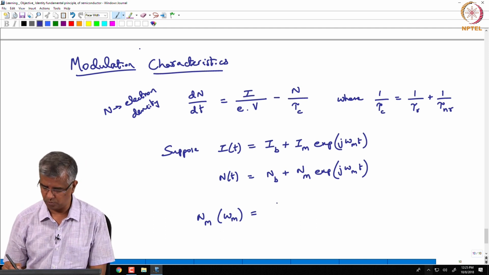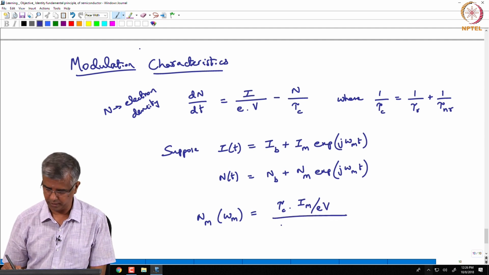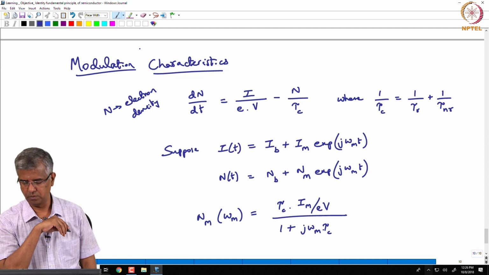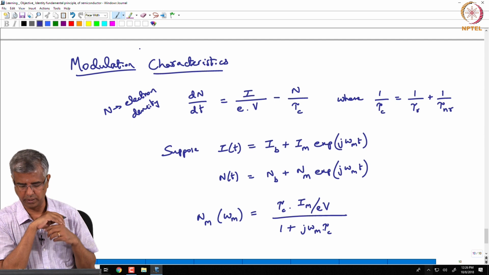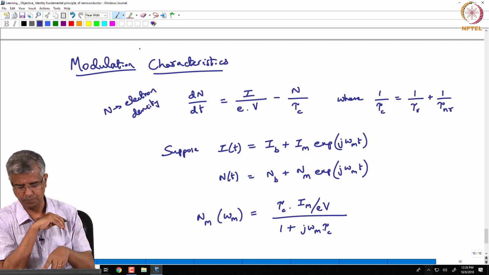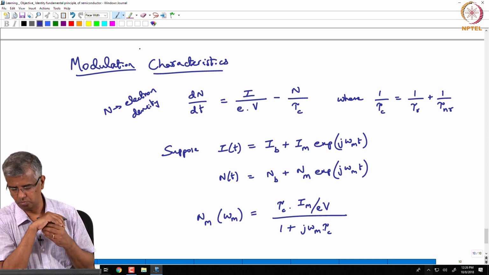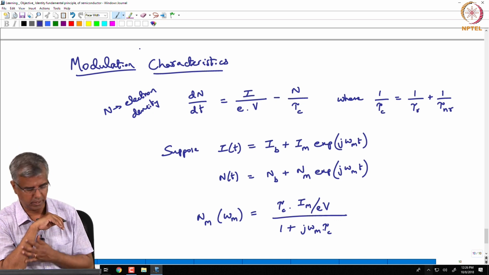So, if we do that, then what we get is this expression: tau c multiplied by Im over E times V divided by 1 plus j omega m tau c. So, all I did is I just substituted the expression for I of t and n of t into the rate equation and replaced d over dt by j omega m, and then simplified it, and just one step from that you will get this expression.